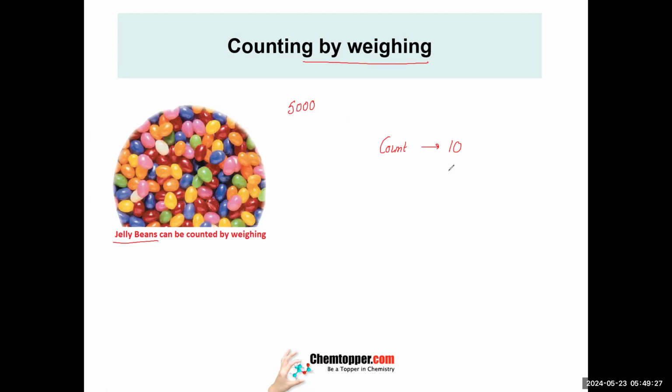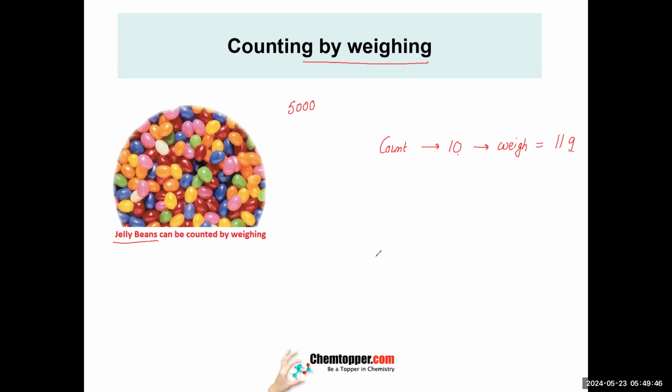You can count 5, you can count 10. So let's say I counted 10 jelly beans, and then I'm going to weigh them. Let's say the weight is 11 grams. So 10 jelly beans are 11 grams.